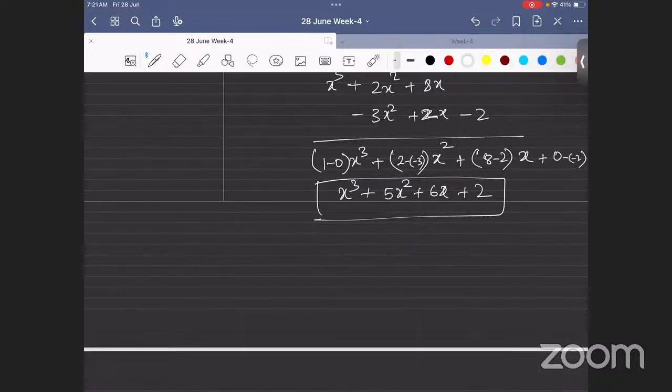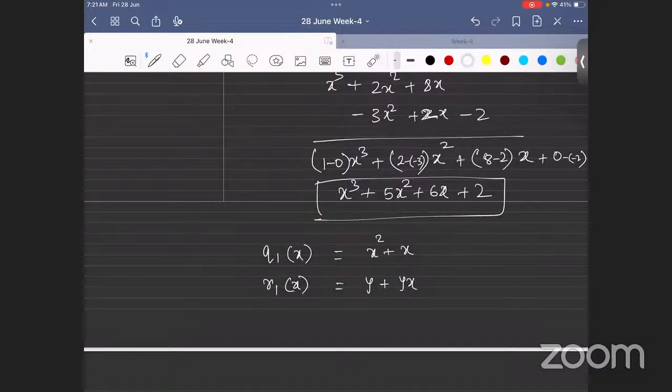Can we add if the variables are different, if p has only one variable and q has two variables? No, you can't add. If you have an equation like q(x) equals x square plus x, and r(x) as y plus yx, you can't add it.